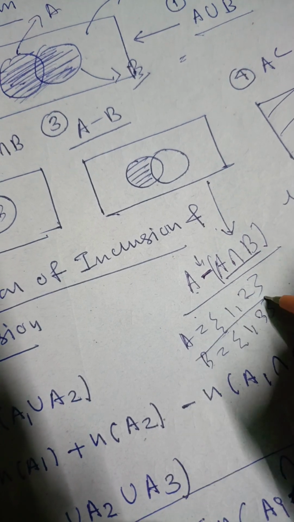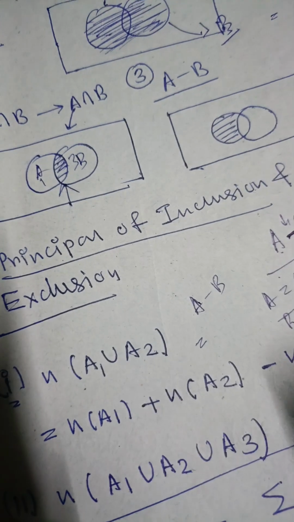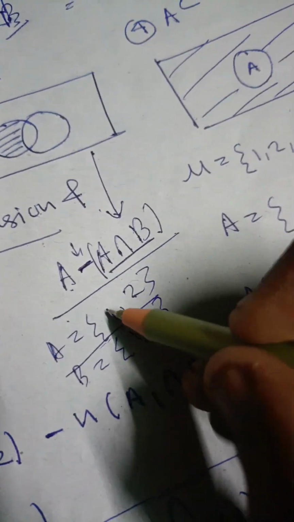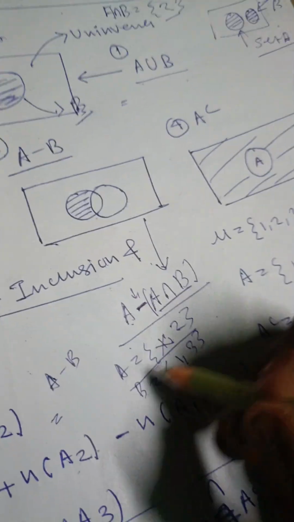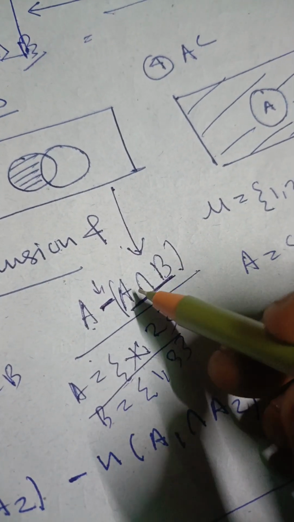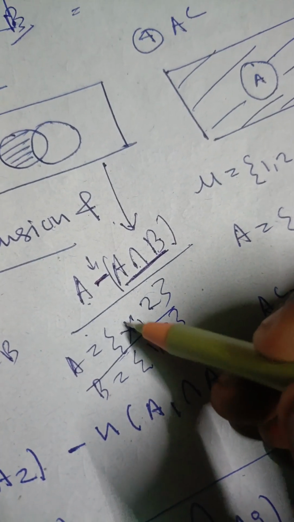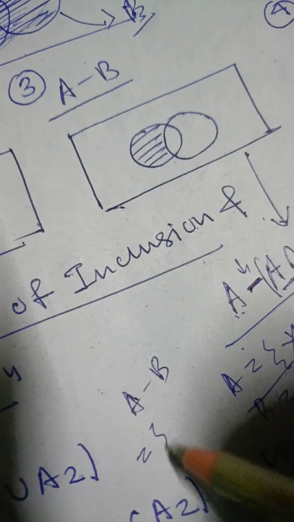What is common in A and B? If we want to get A minus B, the common part is 1, so we have to discard 1. How can we write the common part mathematically? That is A intersection B. What is common there? 1. So the answer is 2.